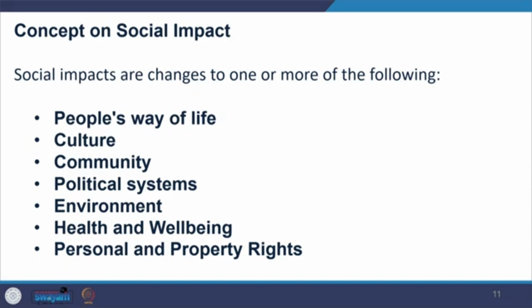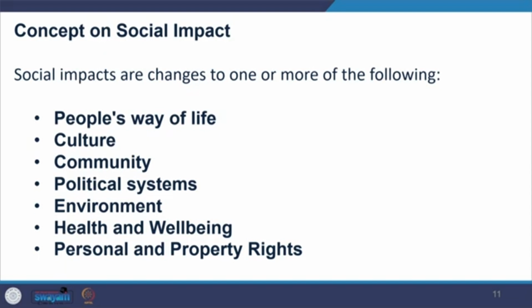Then we see that their community also changes, how the cohesion is there, the stability, the character, and the services and facilities which they get from the community. So any changes on that would also be considered within the social impact.